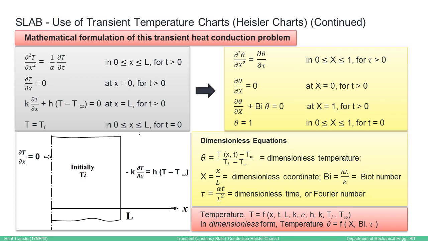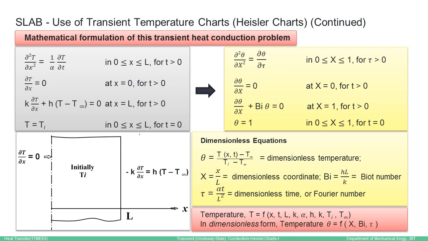So if you go through the equations clearly, now d square theta divided by dX square is equal to dou theta divided by dou tau, and this equation is now valid for capital X ranging from 0 to 1 for all times tau greater than 0.